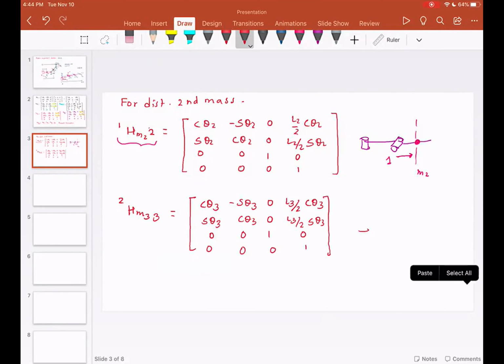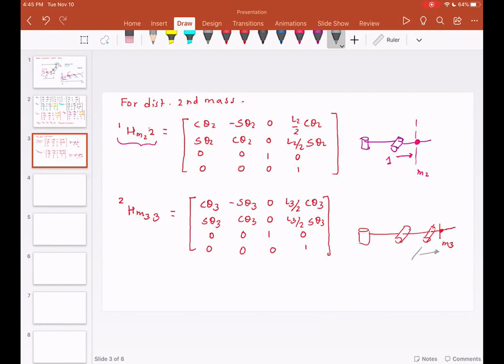Now, if you look at what this transformation is, it is actually something like up to this M3. So this transformation is from here to here.